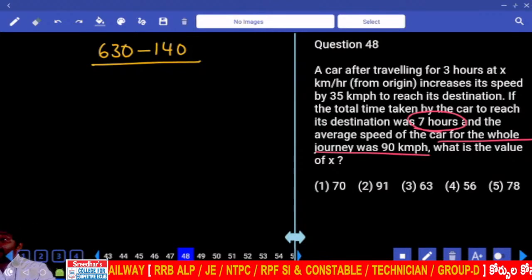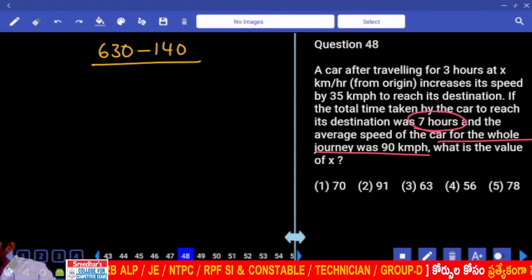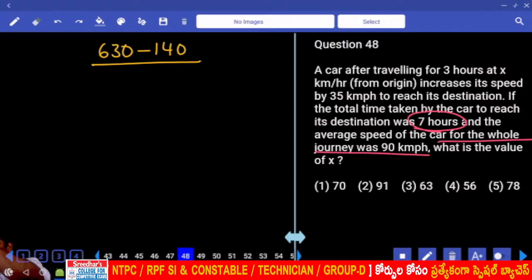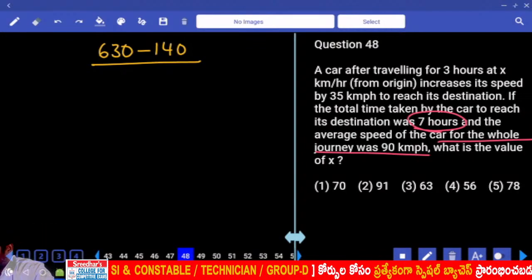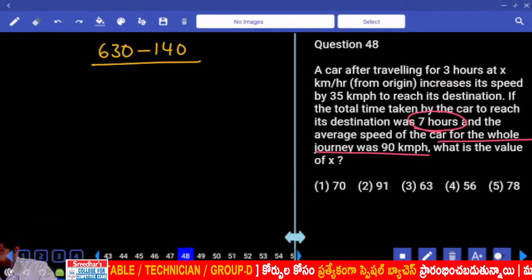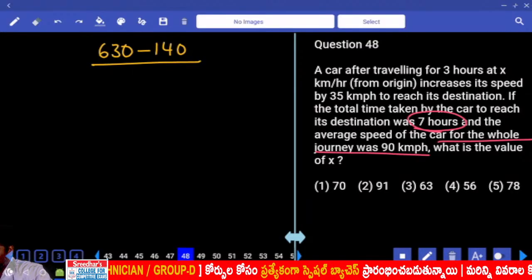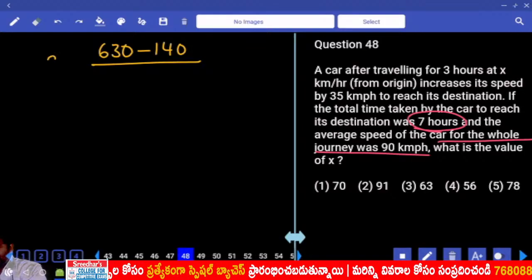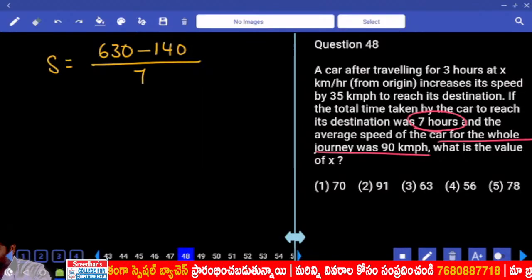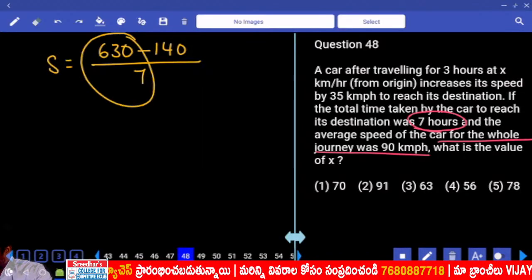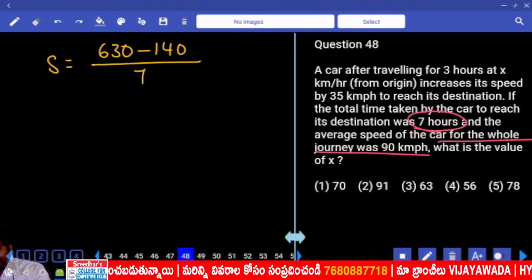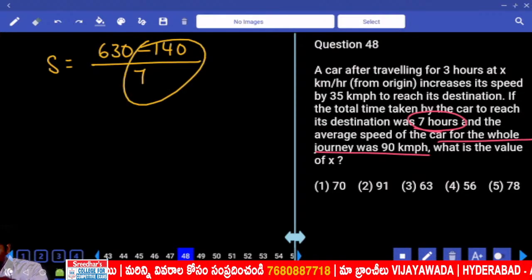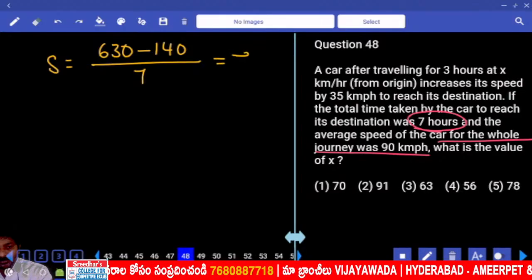We have considered only the extra. Understood? Extra distance only is subtracted from the total distance. So whatever is the remaining distance, that is traveled with original speed in how many hours? Then original speed is equal to that divided by 7. How much is this fellow? How much is this fellow? Minus 20. 90 minus 20. That's all.